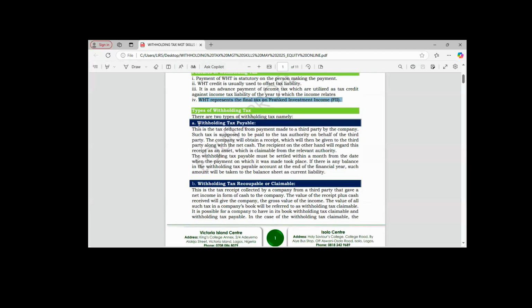by the third party. For instance, let's say we have Equity Professional, an accounting consulting company that is providing accounting and taxation services.